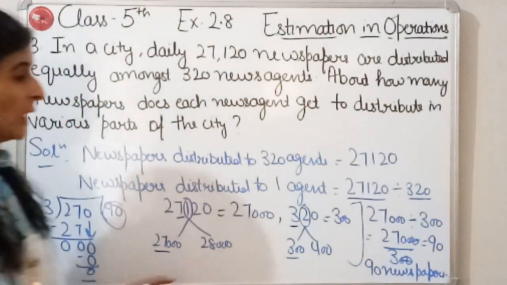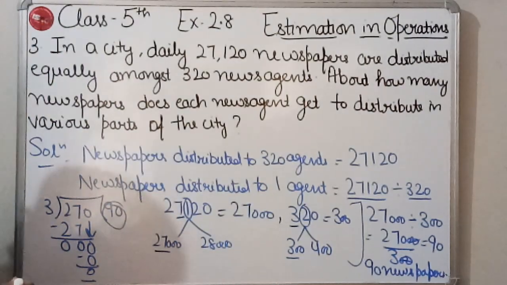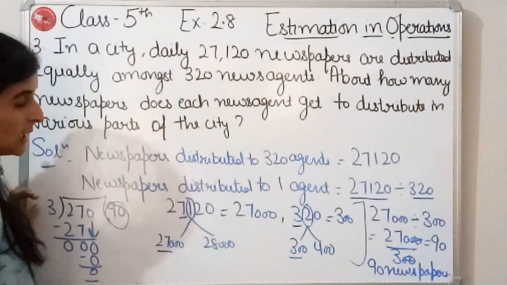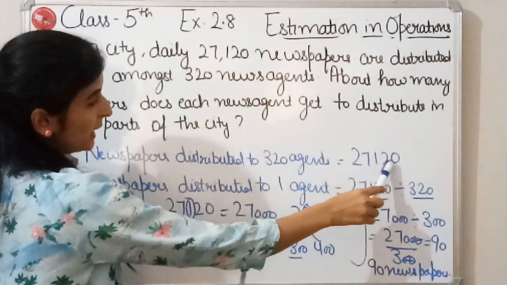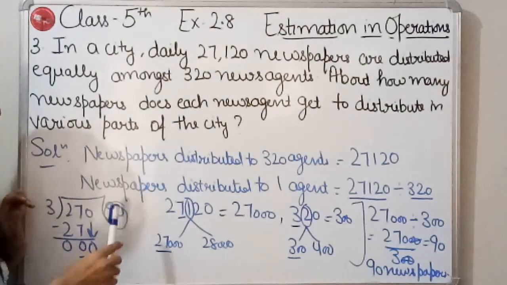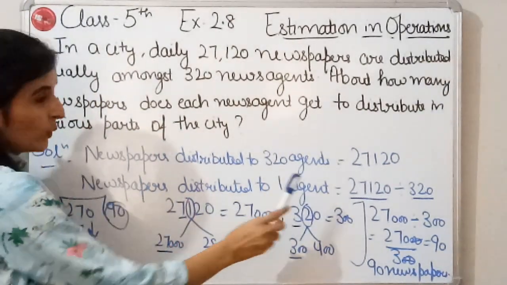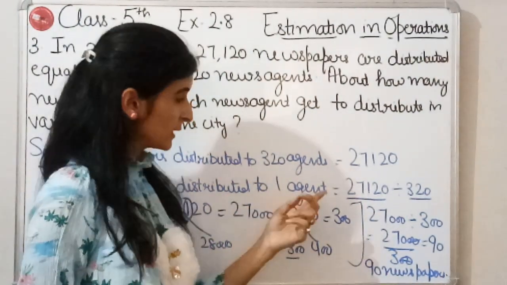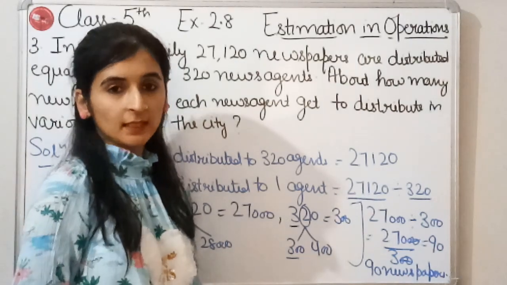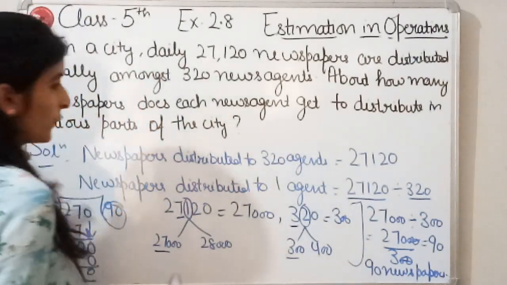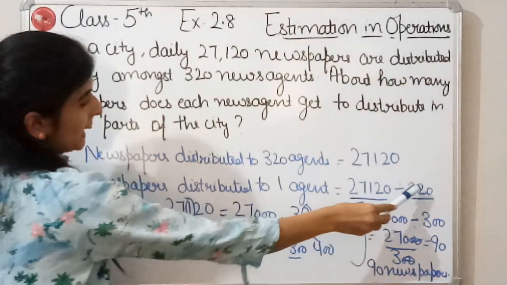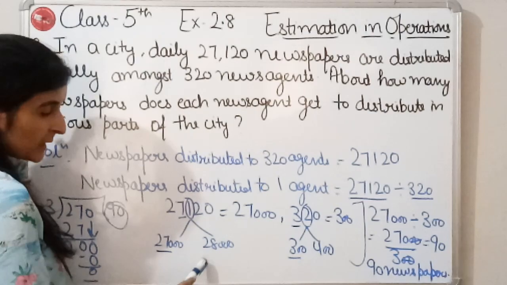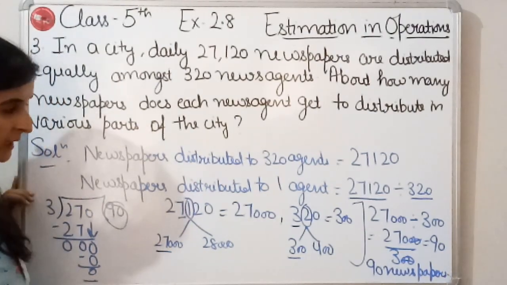Clear? So what was the question, children? We were given the newspapers distributed to 320 agents, that is equal to 27,120. Then we have to find the newspapers distributed to one agent. So for finding the newspapers distributed to one agent, we will divide this by 320. Now first of all we have to round off this and this. So we have rounded off this to the nearest 1000, and that is equal to 27,000.